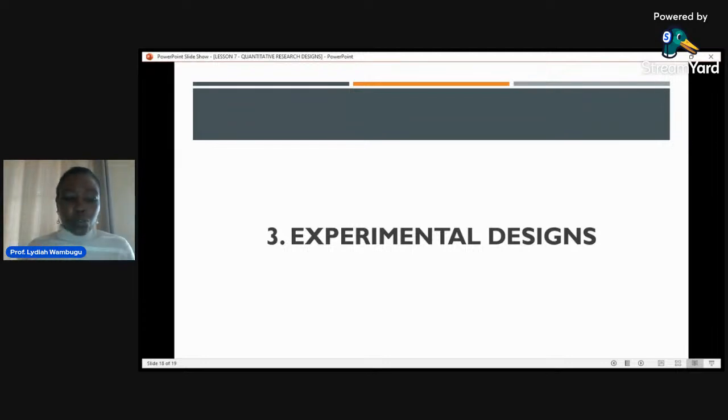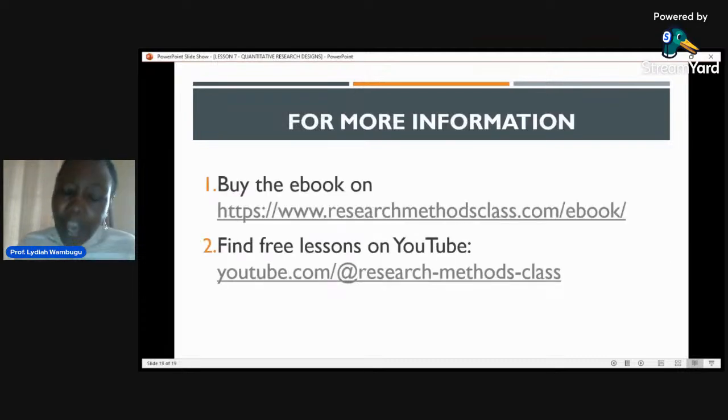And so I didn't want to combine it with these other 2. So next week, God willing, on Thursday, we shall start discussing experimental design. That will be where we shall start because there is a lot that we need to do about experimental, including the issues of internal and external validity and how we control for extraneous variables.